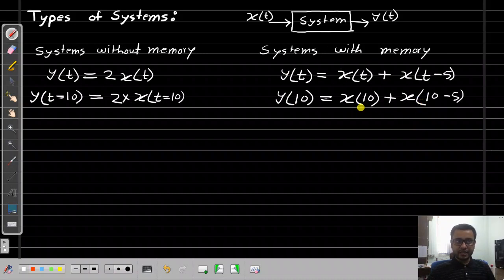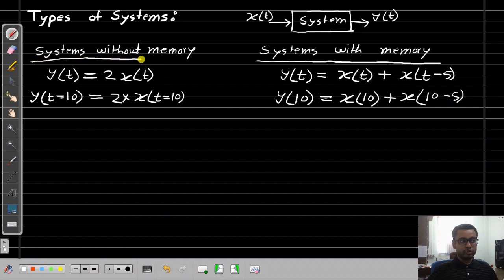This type of a system is called a system with memory because it needs to remember inputs at a different time than the current time. But this type of system is called a system without memory because to calculate the output at any time I do not need to remember the input at any other time.